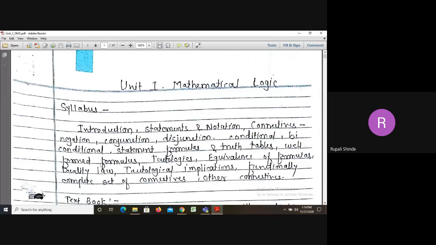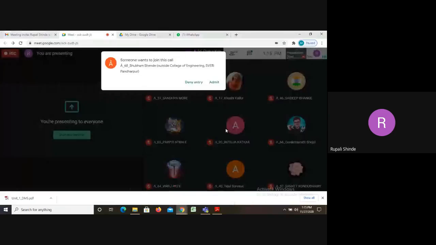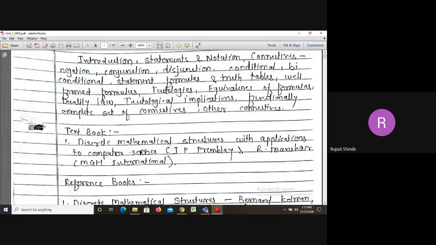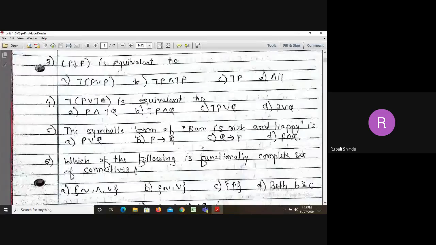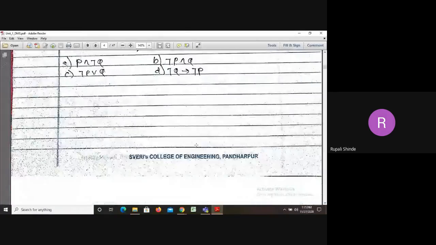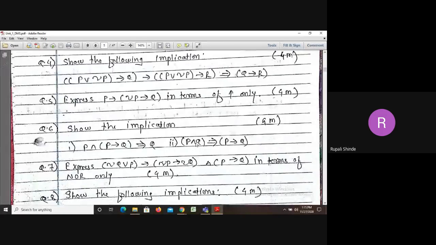Next one is well-formed formulas, then tautologies, equivalence of formulas, duality law, tautological implications, functionally complete set of connectives, and other connectives. So all these points we have already seen. Just we have to revise these points shortly. So first we have seen first point as statement notations.